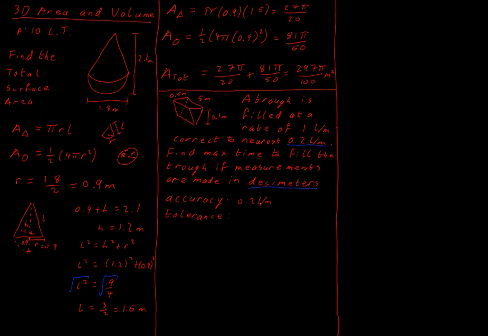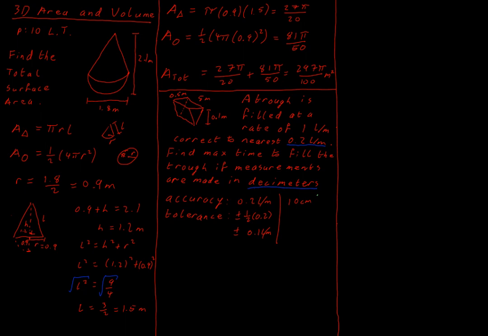If we have markers every 0.2 liter per minute, then our tolerance would be half of that unit. If we were measuring that flow rate, it would be plus or minus half of 0.2, which would be plus or minus 0.1 liters per minute. Likewise, we have an accuracy given in decimeters, which would be 10 centimeters. An accuracy of 10 centimeters is a more familiar unit to us than decimeters.